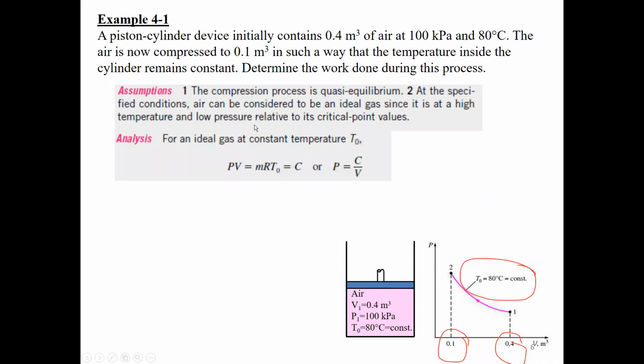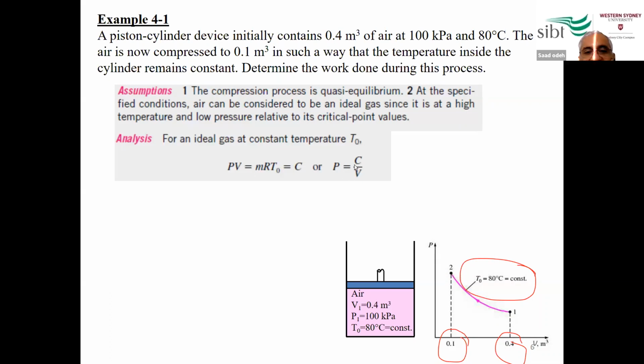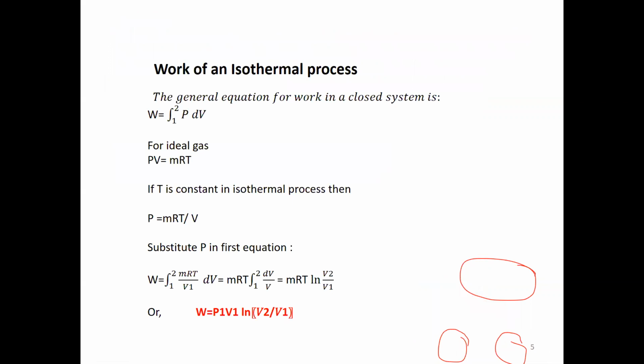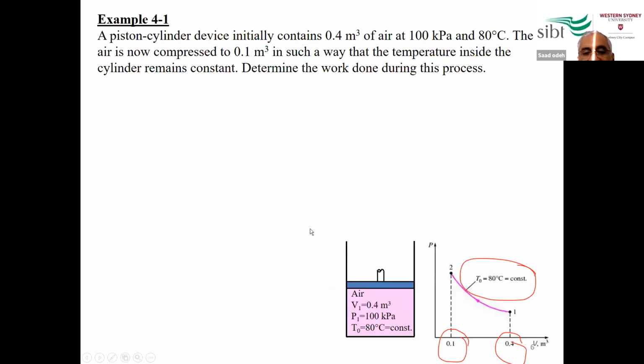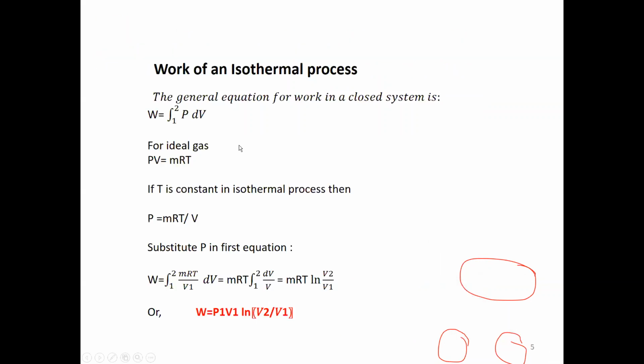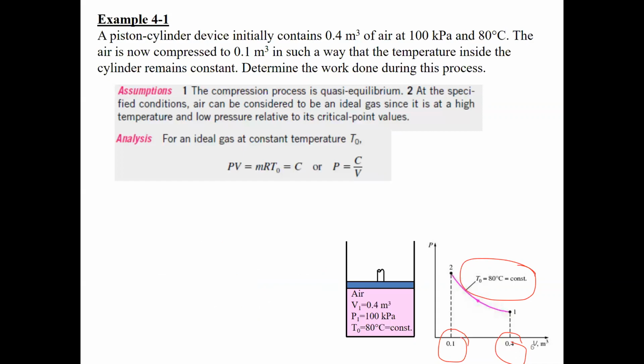Yes, P1 V1 ln V2 by V1. You're going to use the second one. Yes. So P1 V1 ln V2 by V1, which ends up with minus 55.45 kilojoule. Yes, that's what I found.